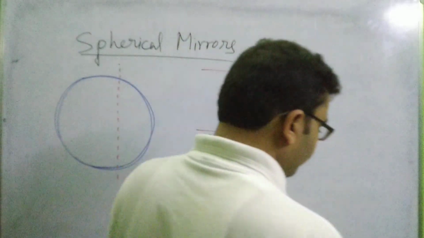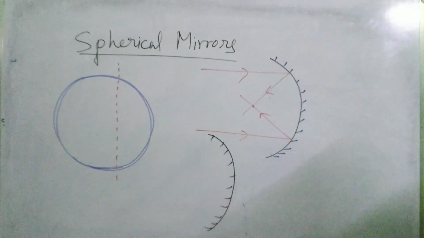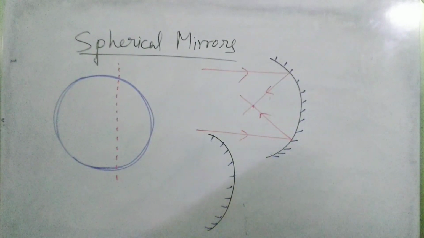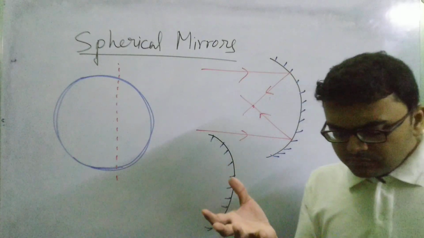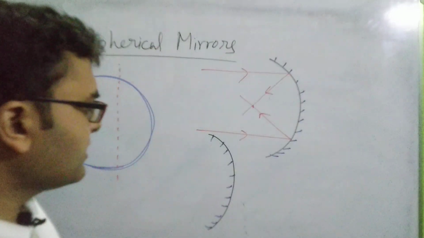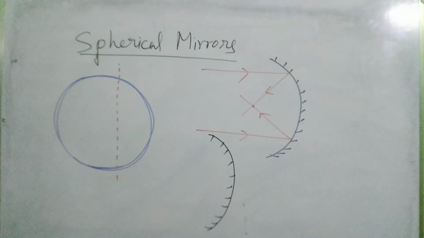If you think of a bowl, a container like this, shape is like this, okay, and you put water in it, what does happen? The water accumulates in the bowl, isn't it? So something like that is happening. The light coming from a far away distance parallelly, after getting reflected, actually seems to meet at a certain point, isn't it? You can see this from the figure, they actually meet at a certain point.